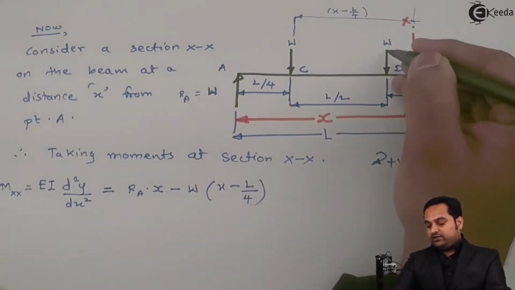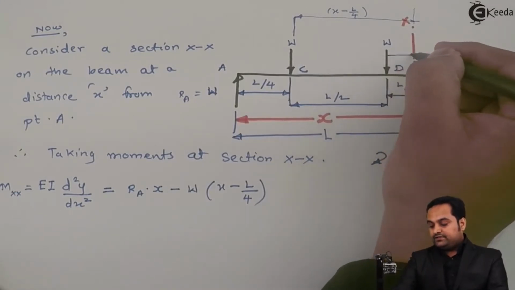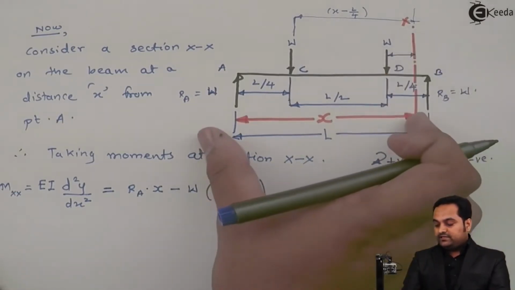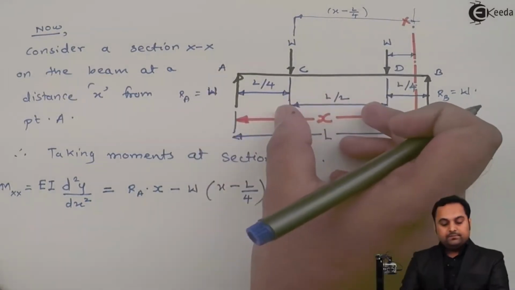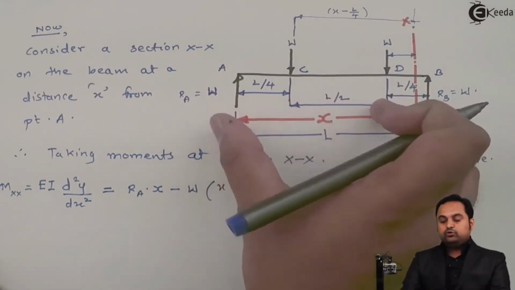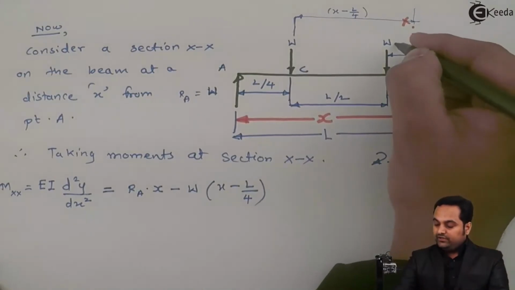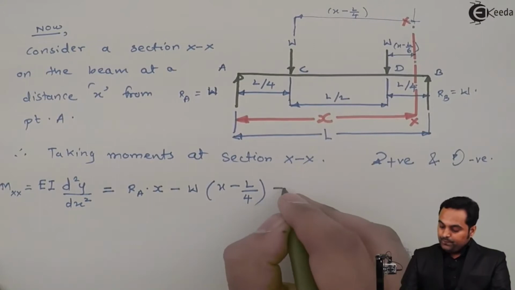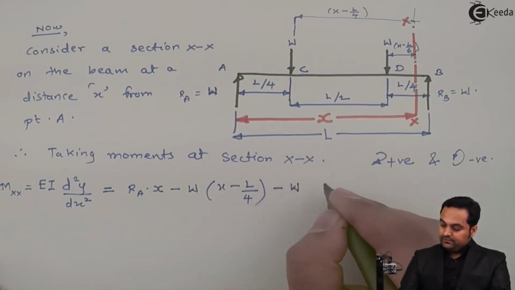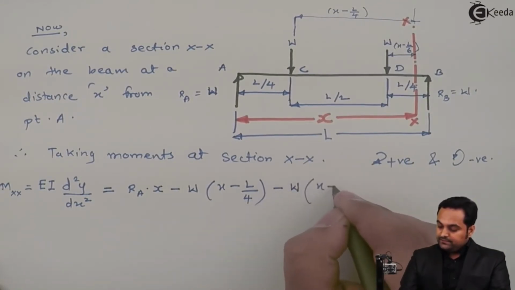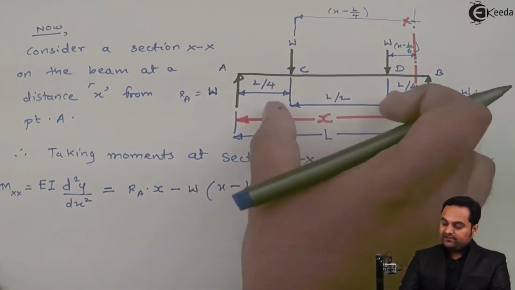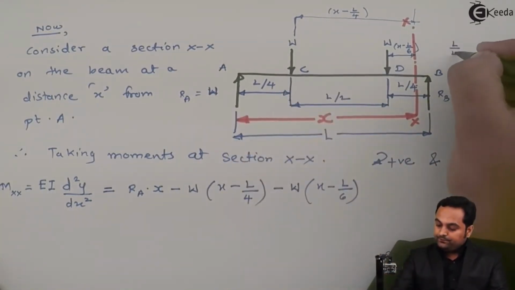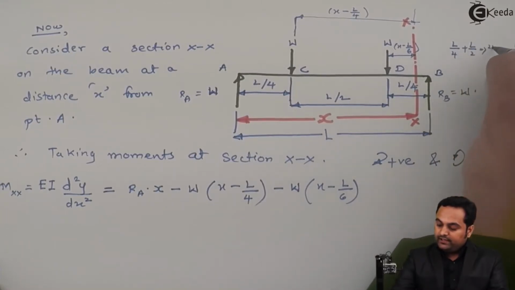Then we have another load W and its distance is x minus L by 4 plus L by 2. That comes out to be L by 6. So here we have minus W into x minus L by 6, because if I add L by 4 plus L by 2, that gives me 2L plus 4L by 8.